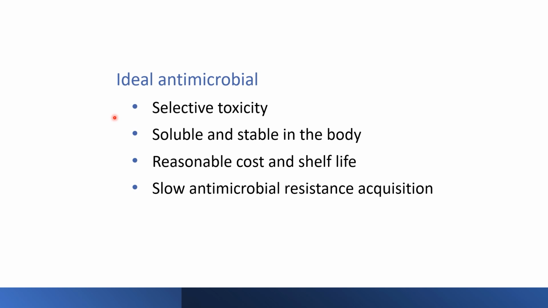We want the agent to be soluble and stable in the body, meaning that our body doesn't destroy the medicine before it does its job, and you want the medicine to be affordable and have a long shelf life to make it economically viable. And finally, the agent must have a slow resistance acquisition.